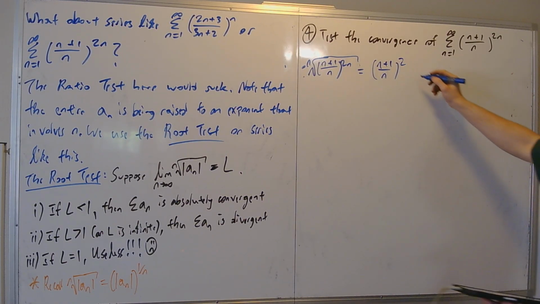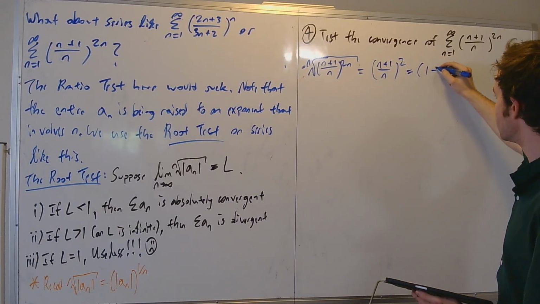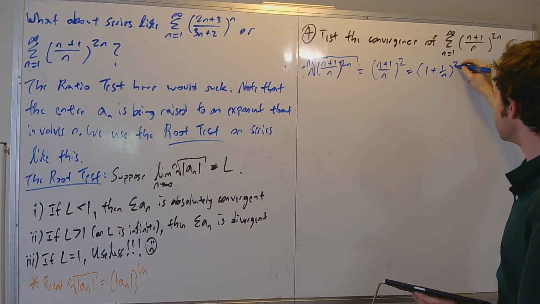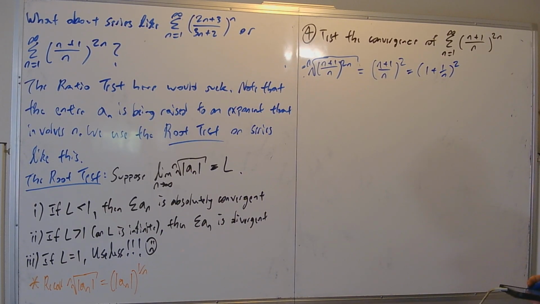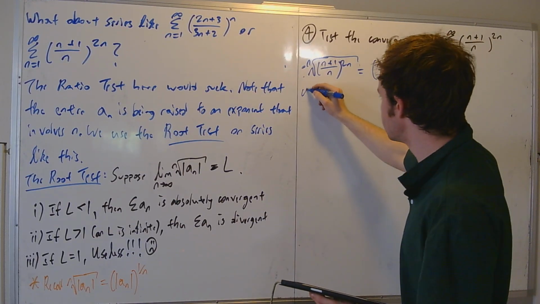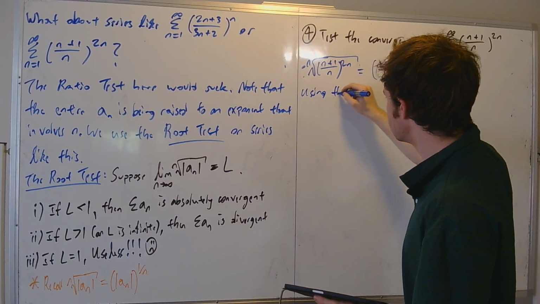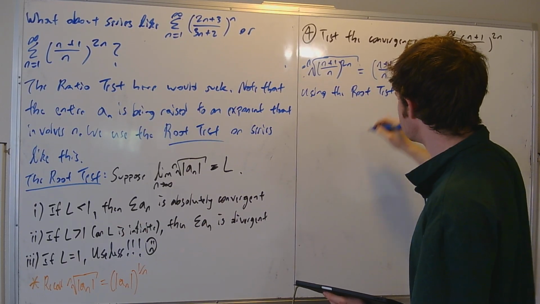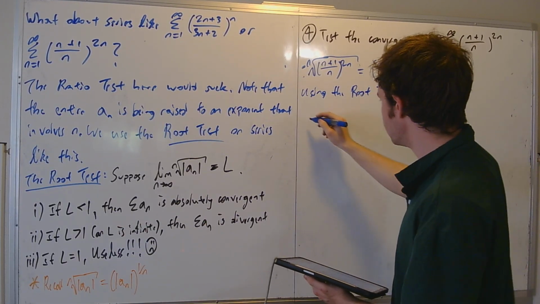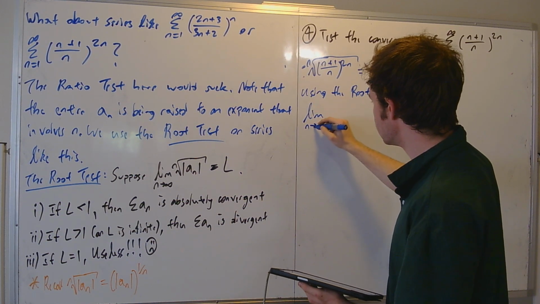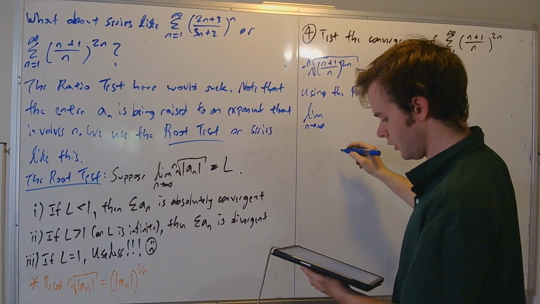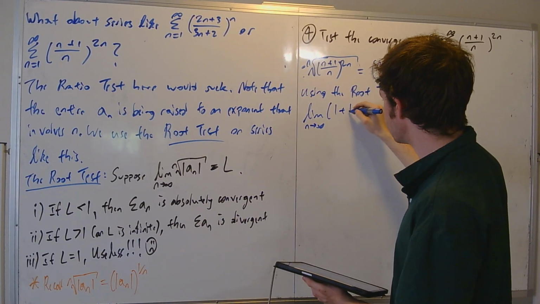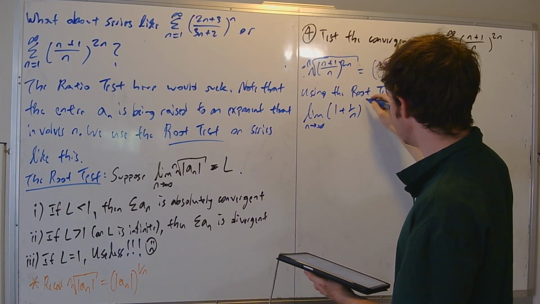Okay, and we can rewrite this as (1 plus 1 over n) to the power of 2. Okay, so using the root test, we're going to get that the limit as n goes to infinity of (1 plus 1 over n) to the power of 2.